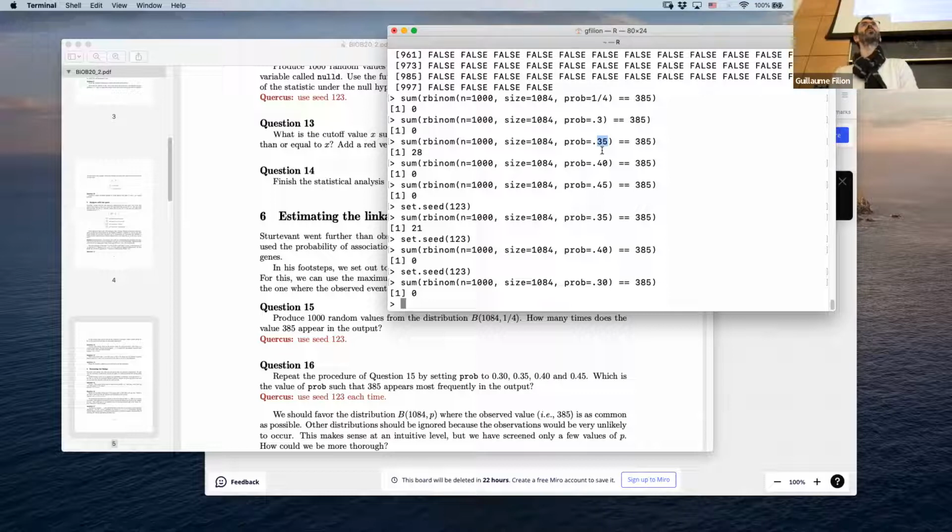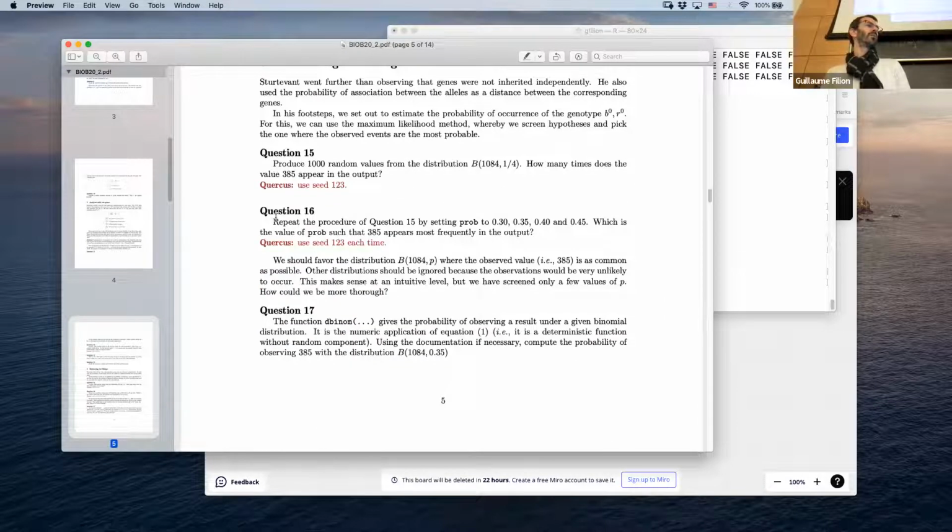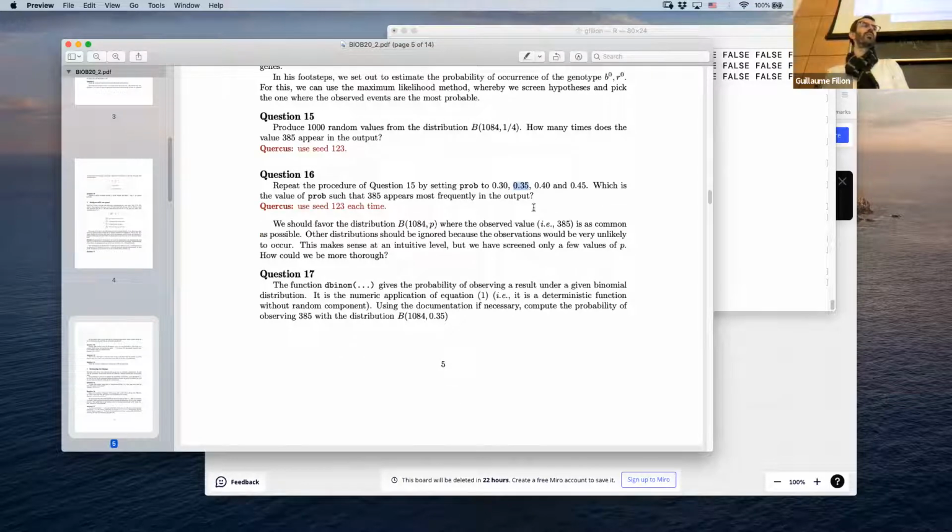Right, questions about this? So that was question 16 here. The one in which it appears the most frequently in the output is 0.35, because it's even the only one where it appears at all. And that's the reason why we believe that 0.35 is a much better estimate than 0.25, which is 1/4, or any other values that are proposed here.